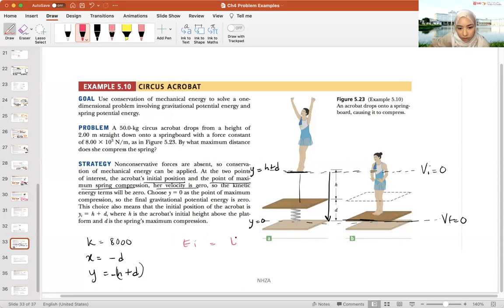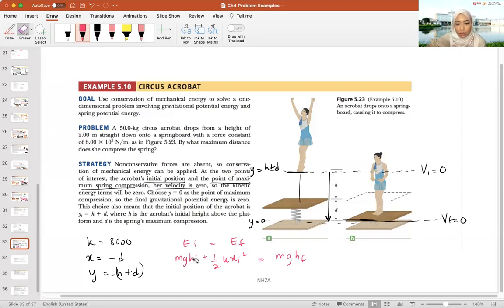I would have mgh. This acrobat is going down, right? So there is mgh, and at this point we can say there is 1/2 kx initial squared. We don't know if there is or not; we'll discover that later. And then we have our mgh final.